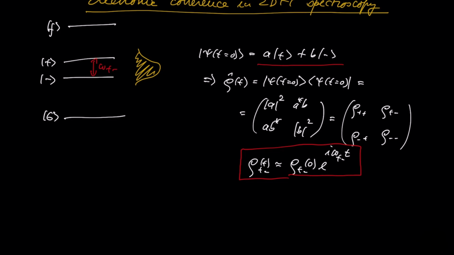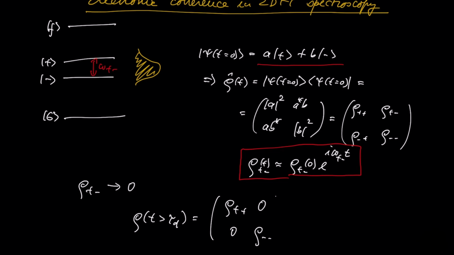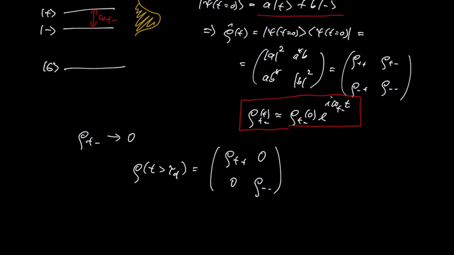So this is a coherent superposition of the states plus and minus, whereas in the case that these terms decay to 0 at some very long time, longer than some decoherence time, we will have a diagonal density matrix with just the populations and off-diagonal elements equal to 0. This process of decoherence or dephasing can actually lead to this.